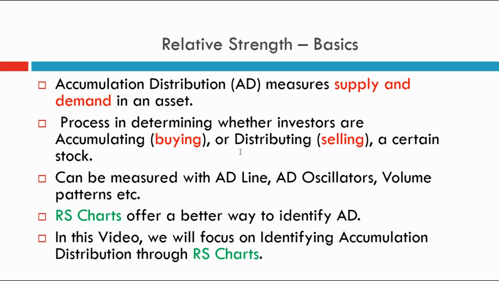Traditionally, accumulation and distribution can be measured with the AD line, oscillators, volume patterns, etc. But I'll show you why RS charts actually offer a better way to identify accumulation or distribution in a stock, right? So from now on, I'll be referring to relative strength just as RS.